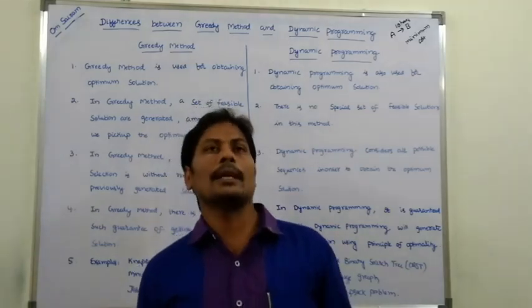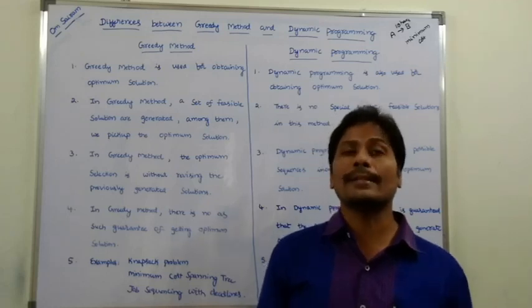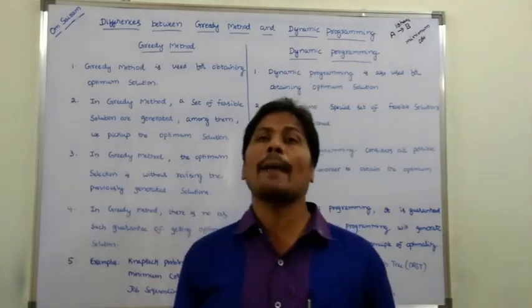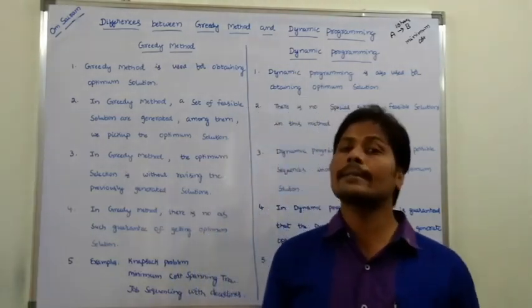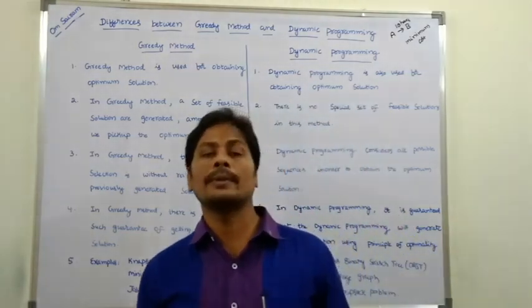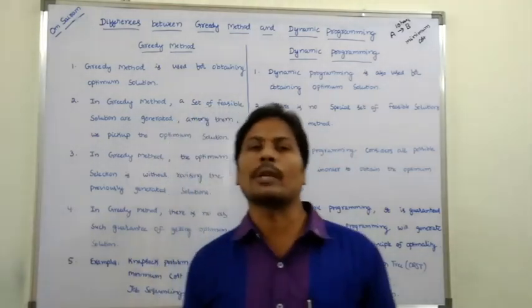So what are the examples of dynamic programming? Multi-stage graphs, optimal binary search tree, 0/1 knapsack problem, single source shortest path problem, traveling salesperson problem, all pairs shortest path problem. These are the examples and applications of dynamic programming.